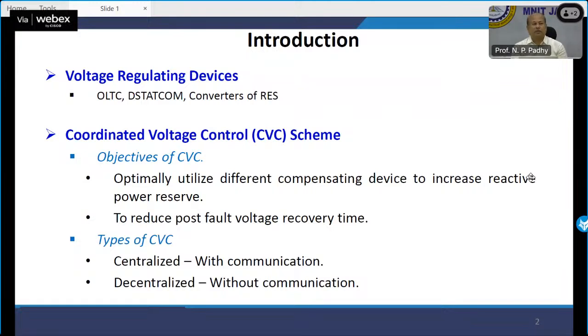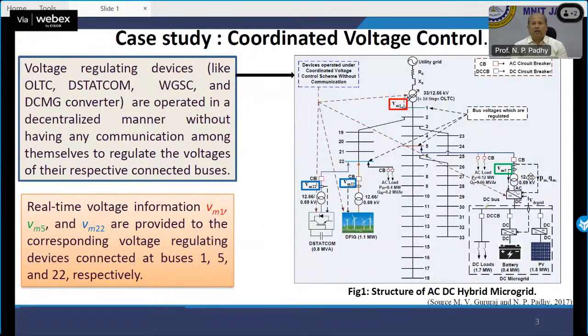So types of CVC: there are two different types of controllers. One is centralized voltage control and the other is decentralized voltage control, same as your conventional controllers, with communication and without communication.